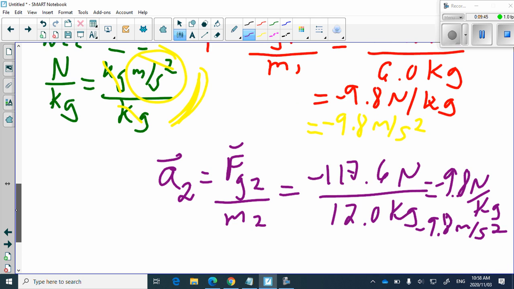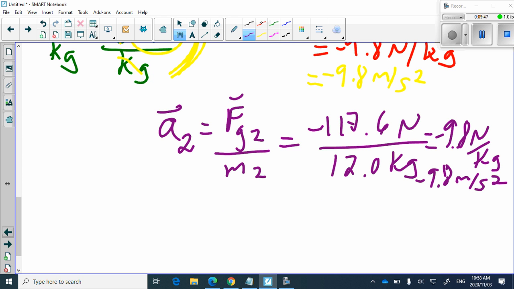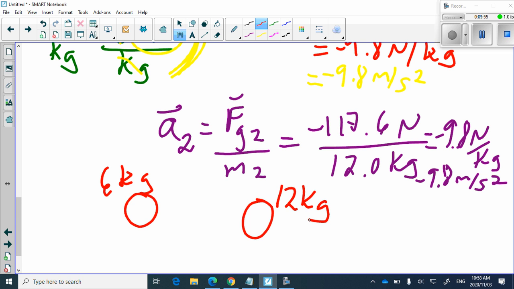Watch. This is 6 kilograms. This is 12 kilograms. They both fall at negative 9.8 meters per second squared, even though the force of gravity on this, force of gravity 2, is bigger than force of gravity 1.